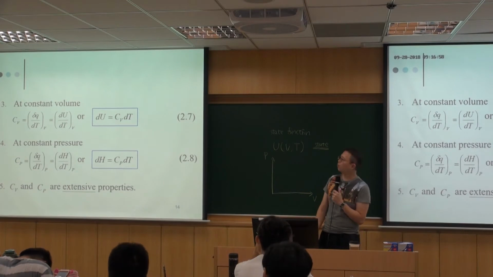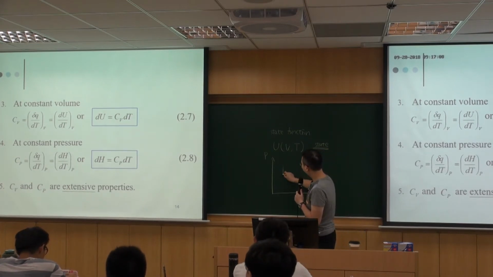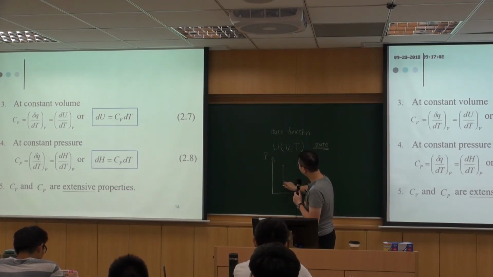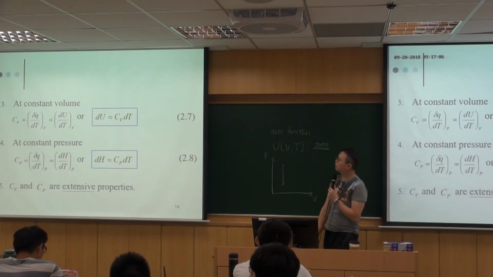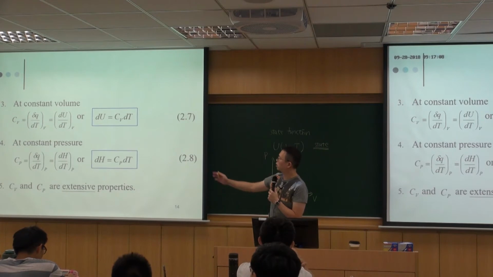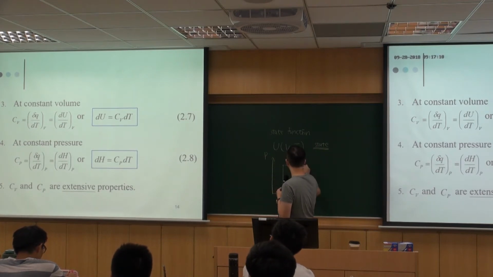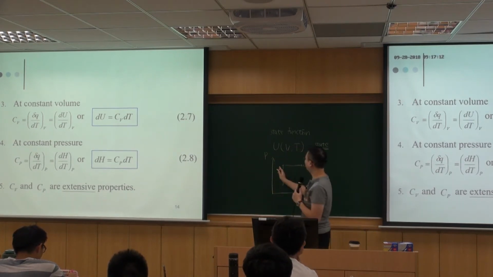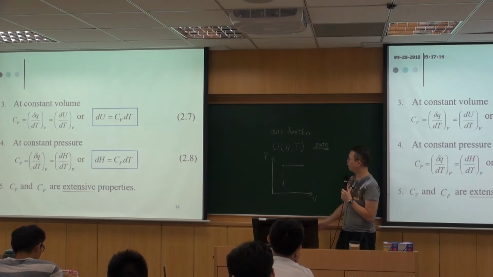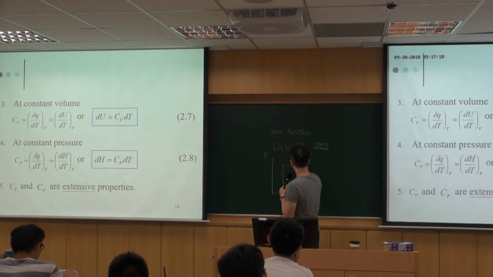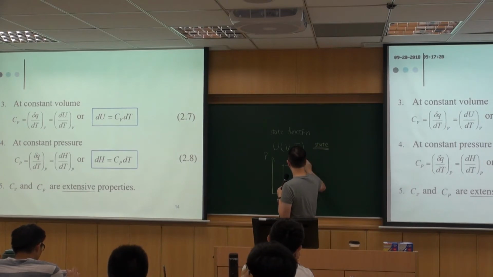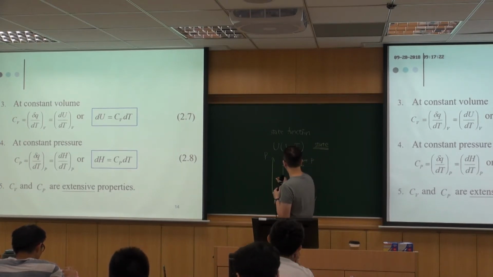And constant volume means that the process is something like this. Okay, the process is something like this. And for constant pressure, it means that the line or the process is a horizontal line. So this is constant P, and this is constant V.